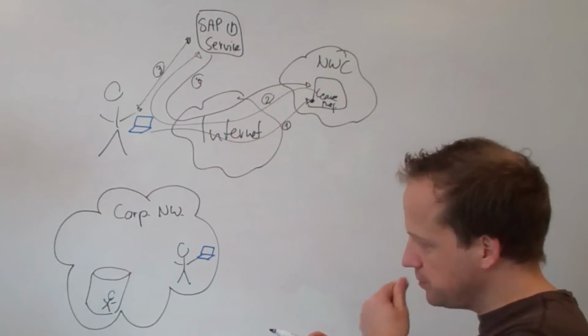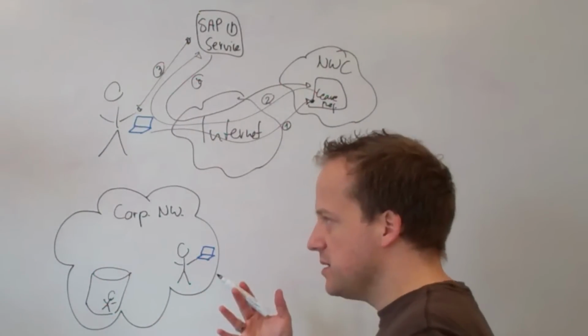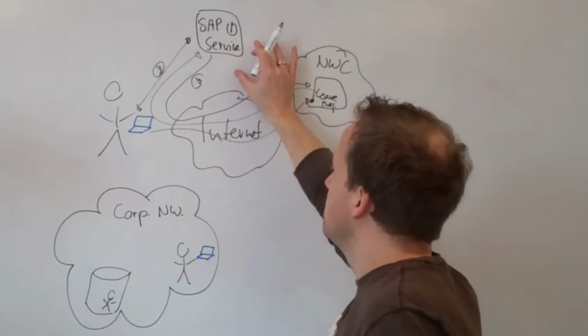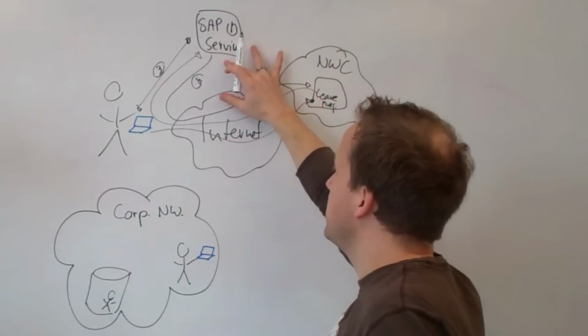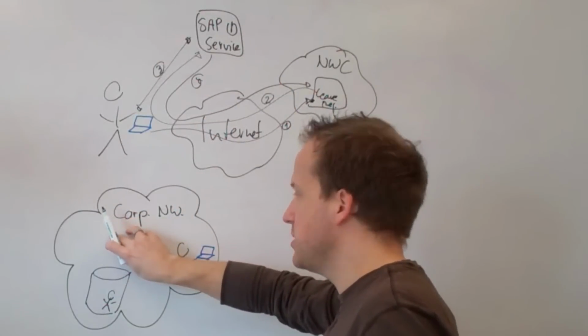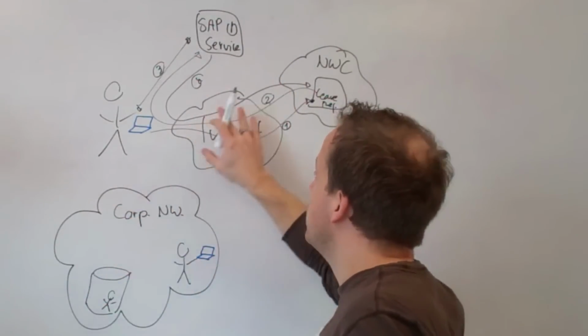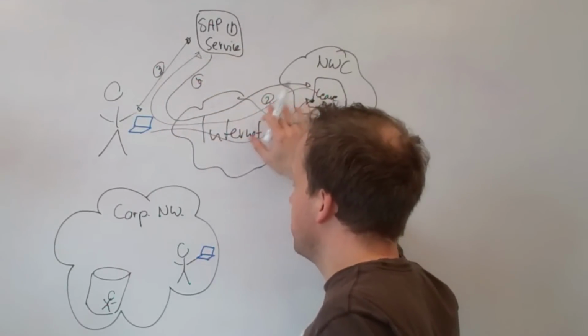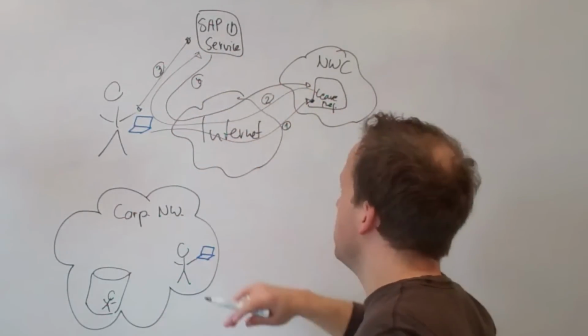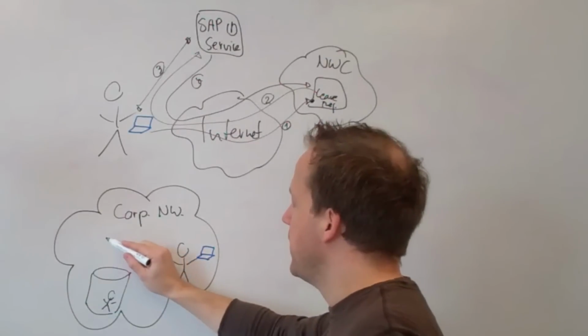accounts there. So, what we need in this picture is basically the same box that is provided here with SAP ID service, but we need something similar here in the corporate network in order to provide us with the same flow that we already use for SAP ID service.